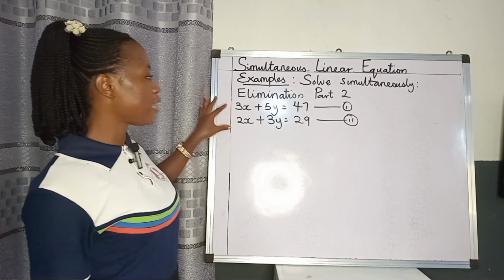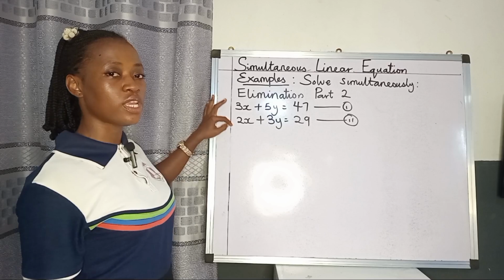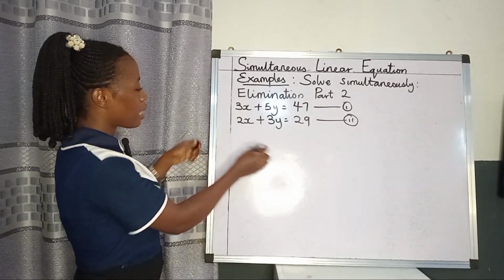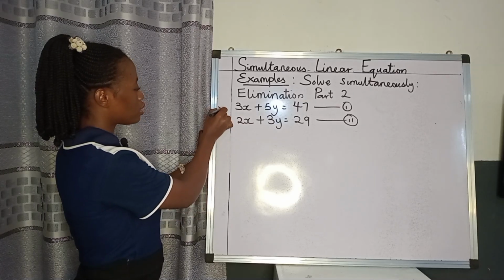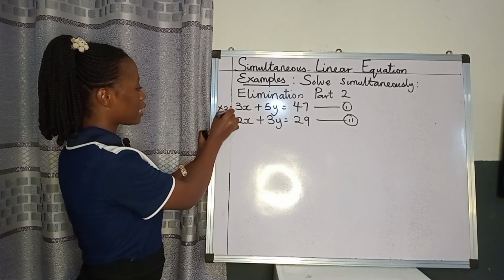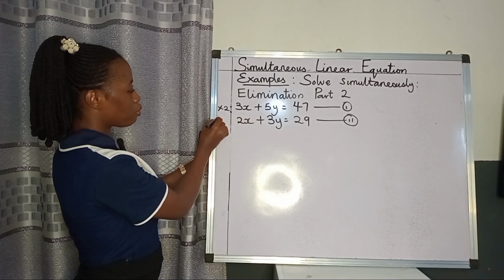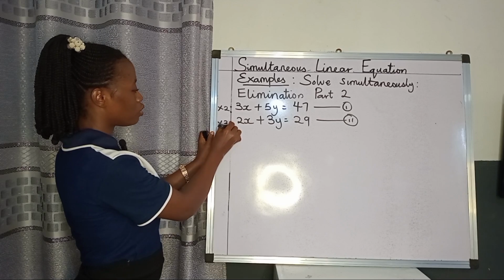I need to multiply the equations using the coefficients, but I need to interchange. I'm going to use the coefficient of x in equation 2, which is 2, to multiply equation 1. Then the coefficient of x in equation 1, I'm going to use it to multiply equation 2.